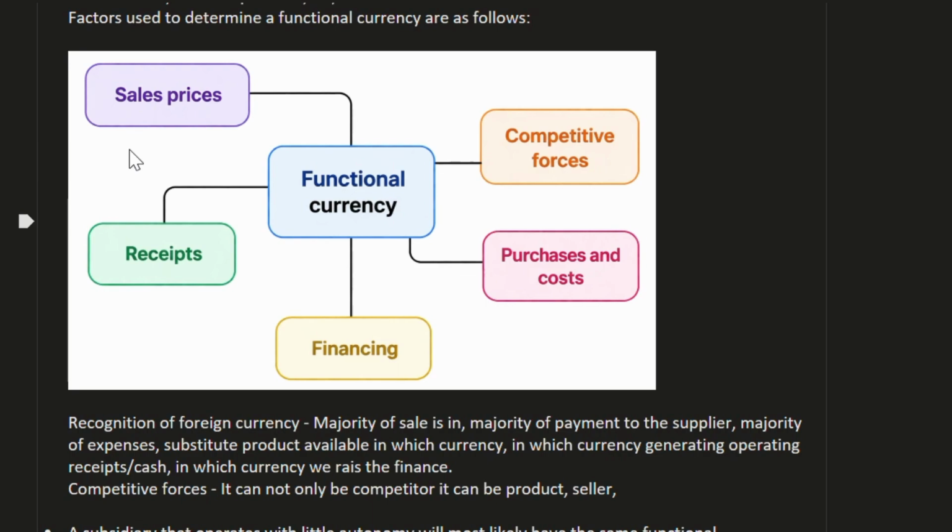Competitive forces means our competitors: in which currency are they selling? Purchases and costs: in which currency are we purchasing and incurring costs? And also financing: in which currency are we getting financing.